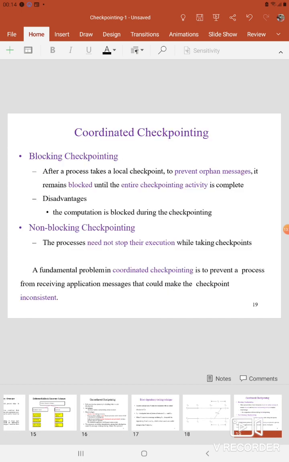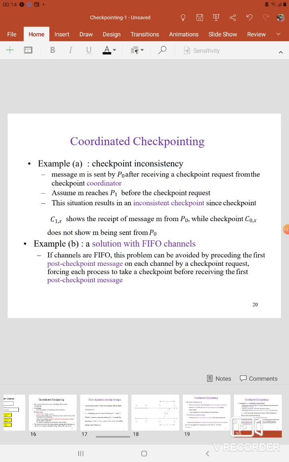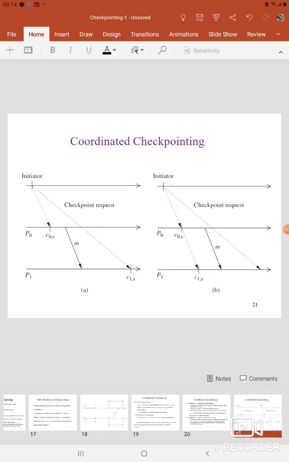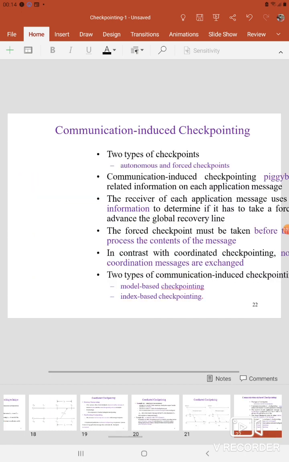The second type is coordinated checkpointing. Here the processes should coordinate with one another before taking the checkpoint. We have two types, blocking and non-blocking. And here we face the problem of checkpoint inconsistency, and we have studied how we resolve the problem using FIFO channel.